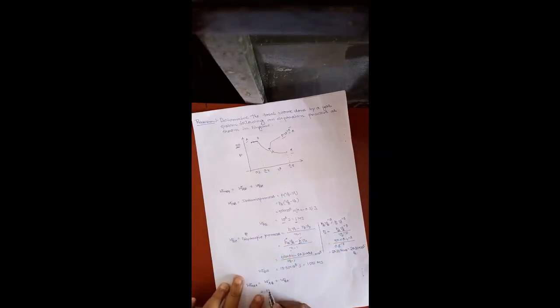WAB is 1 megajoule. WBC is 1.251 megajoule. If you add these two, it will become 2.251 megajoule. So this is your answer.